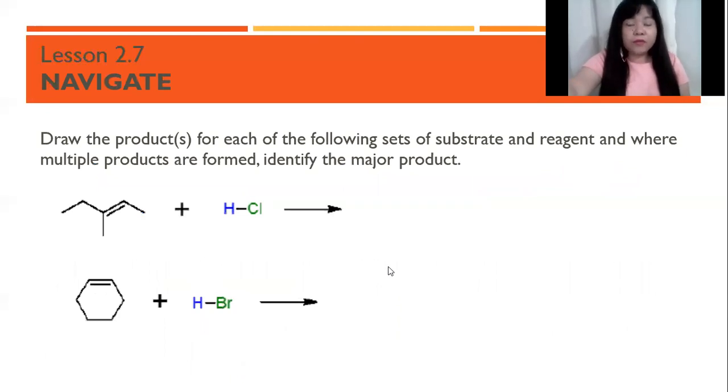For the Nav Gate part of the lesson, we're asked to draw the products for each of the following sets of substrate and reagent, and where multiple products are formed, identify the major product. So for the first reaction, we're asked to add HCl to this structure.